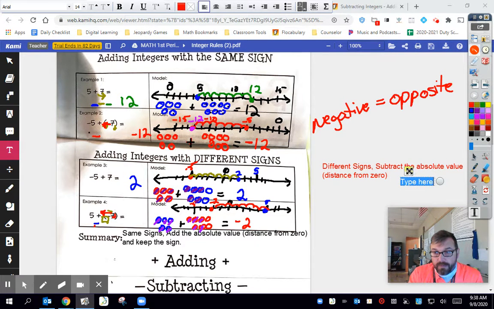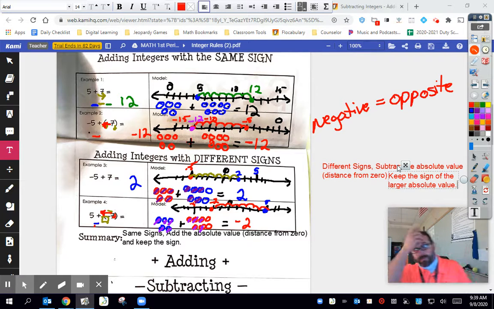We are going to keep the sign of the larger absolute value. So what that means is the negative 7 had a higher absolute value than the 5, so we kept it with the negative.